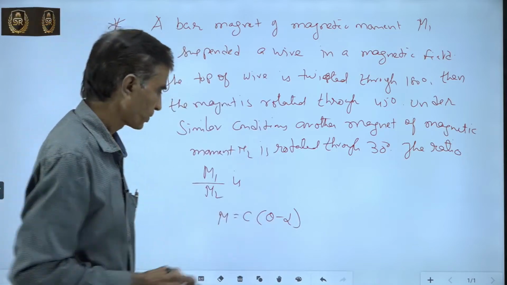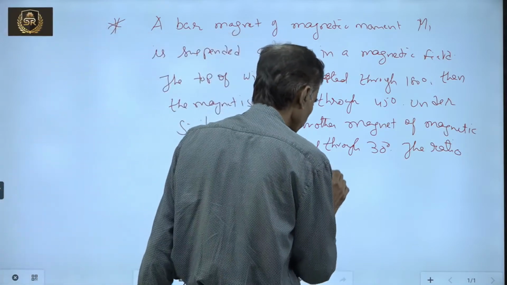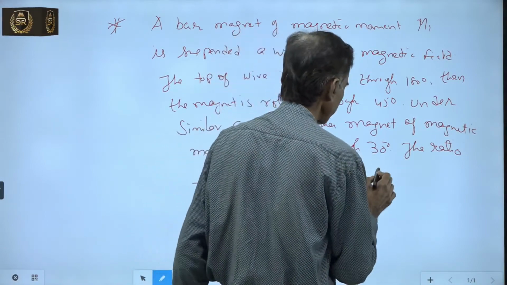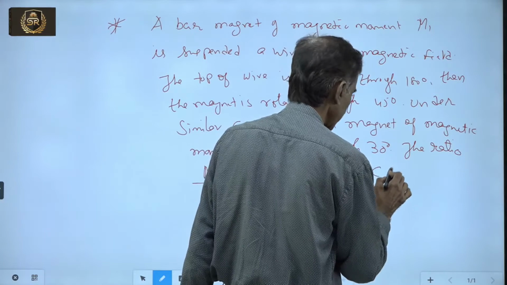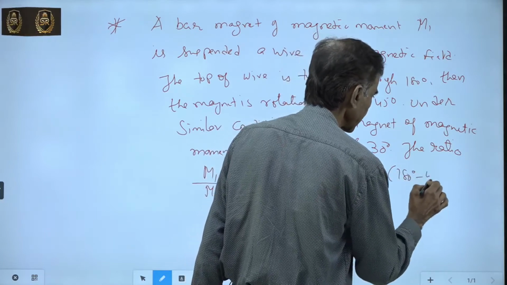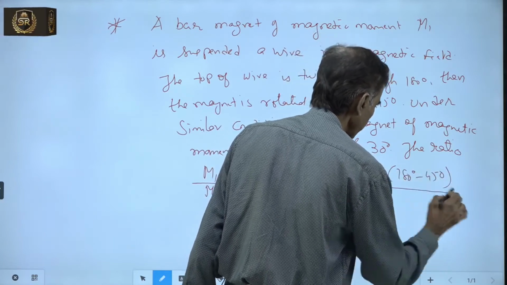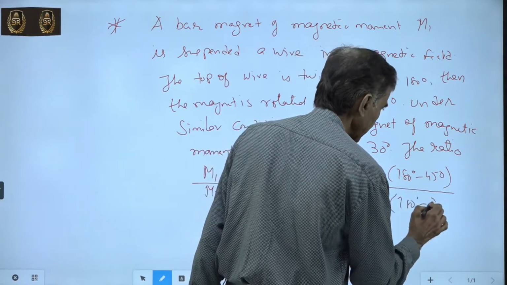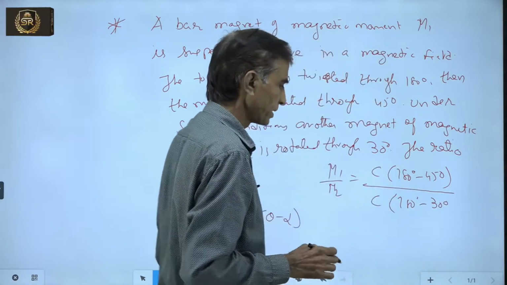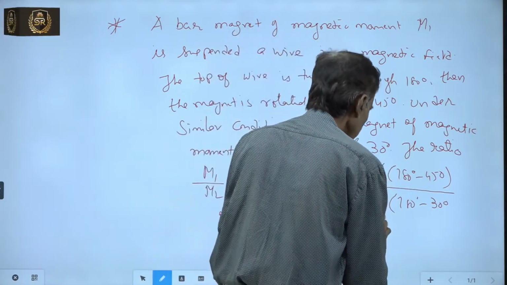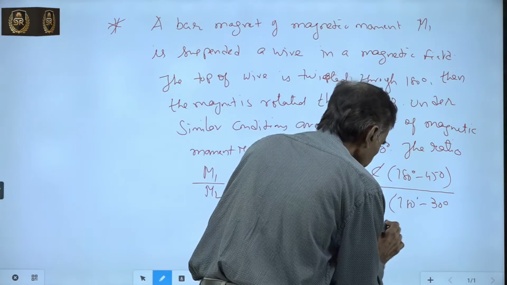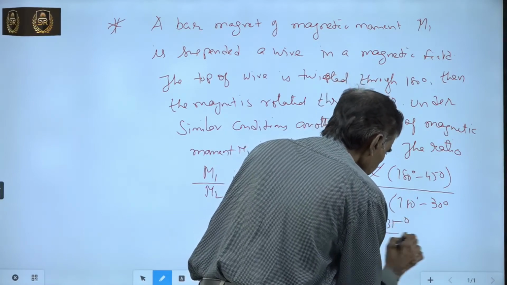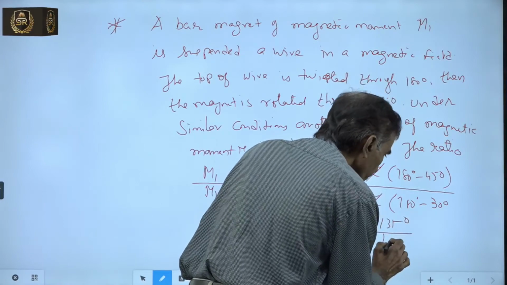That is our formula. So what we want here is M1 by M2. C is the same in both cases. So C into 180 minus 45 divided by C into 180 minus 30. So that is 135 degrees divided by 150 degrees.